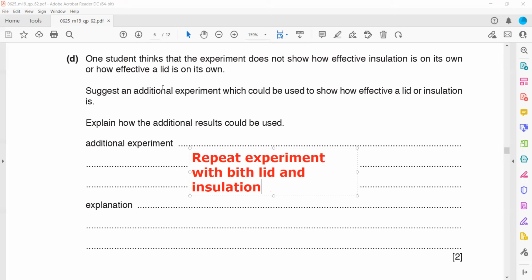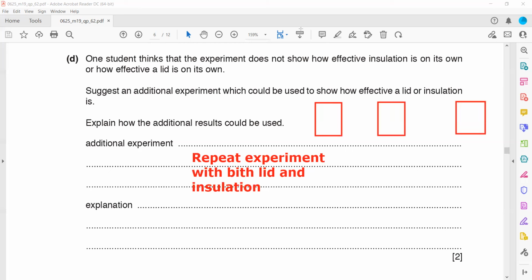So we can compare one experiment with insulation, one experiment with lid, another experiment with lid and insulation. We already performed one experiment with insulation. We performed another experiment by placing a lid, a cap. And the third experiment, we should perform with both lid and insulation to compare the results. So what will be the explanation? So that we can compare the results of the experiments.